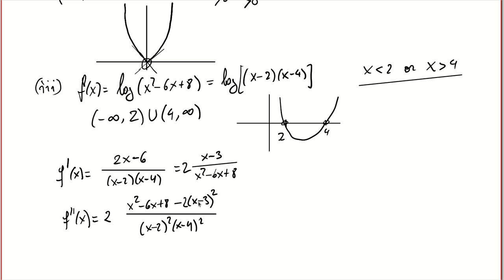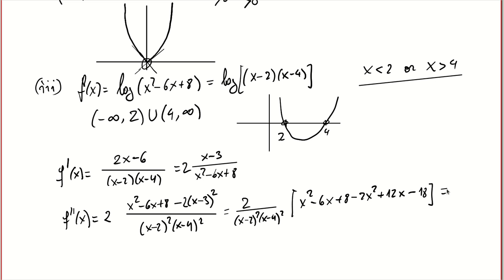We can simplify this expression, right? So the global factor 2 here, and then you have x minus 2 squared, x minus 4 squared, and this one here is equal to x squared minus 6x plus 8 minus 2x squared plus 12x, since 2x minus 6 is twice this and 6 multiplied by 2 is 12, right? And then minus 2 times the square of 3, which is 9, so it's 18.